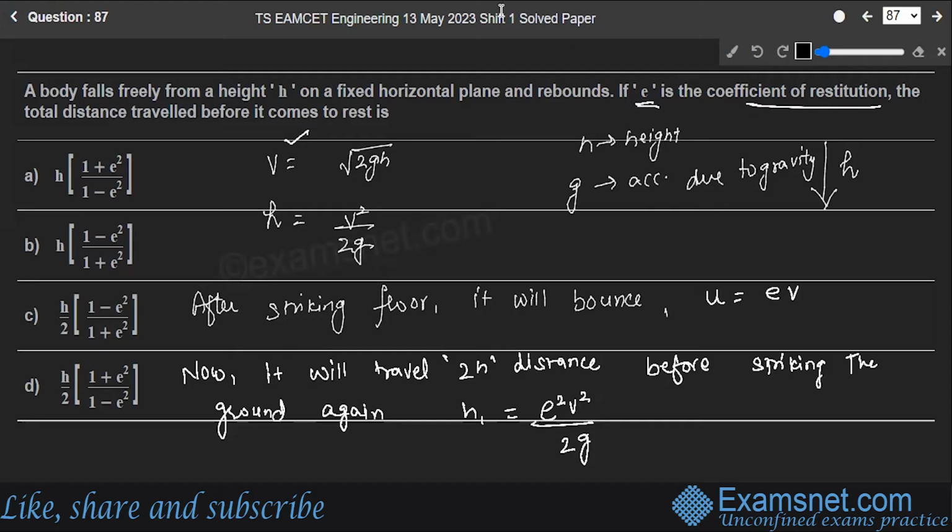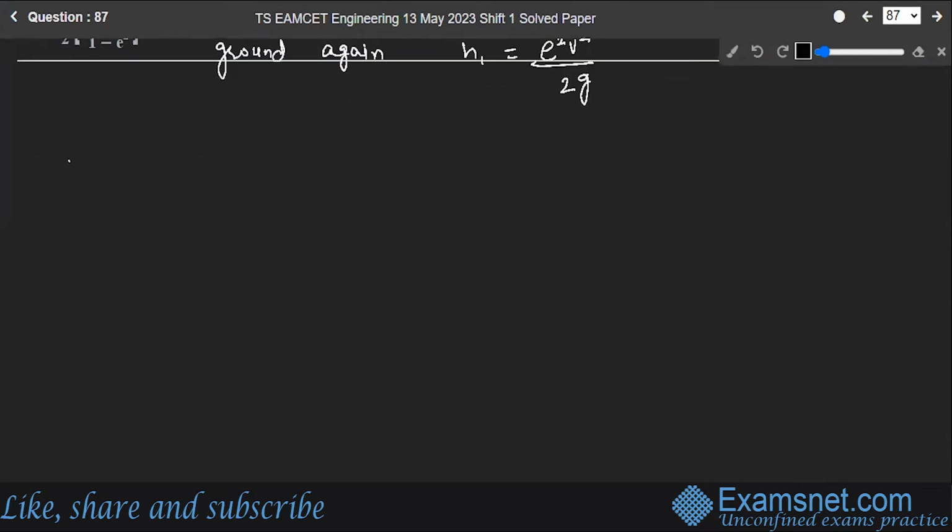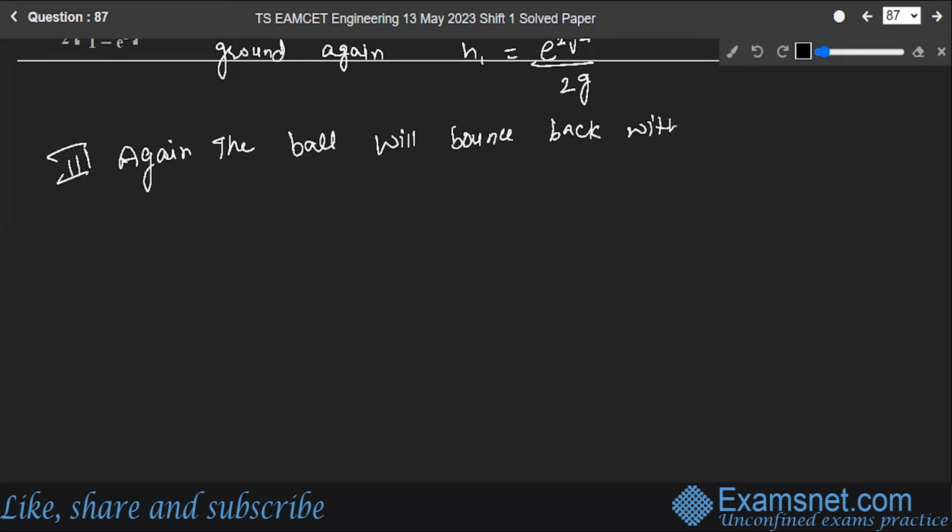Again the ball will bounce back. Actually this is the third time. Again the ball will bounce back with velocity e square v, and the distance will be 2h2 now, because the height has changed.